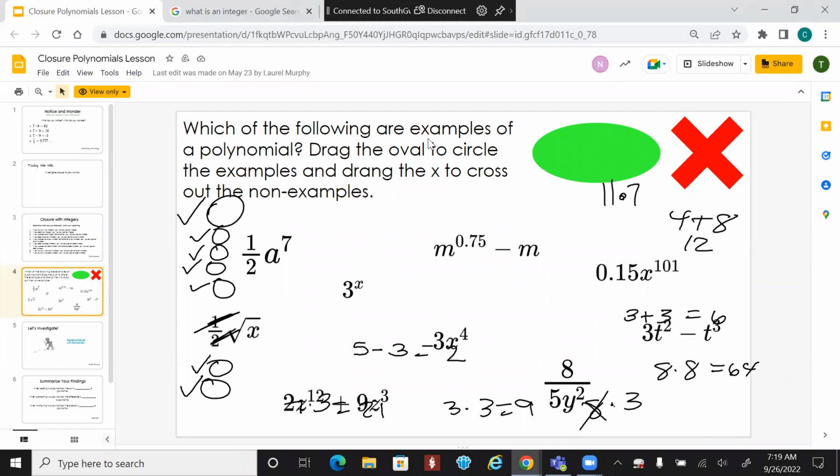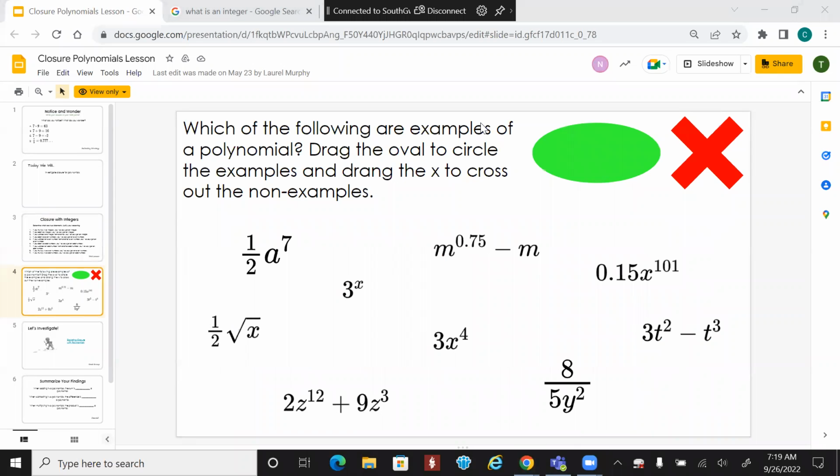Which of the following are examples of a polynomial? Drag the oval onto the circle, or on your paper, you can just circle it. Take a moment. I want you to think through which one of these is a polynomial. First, somebody define polynomial for me. Not a real number.